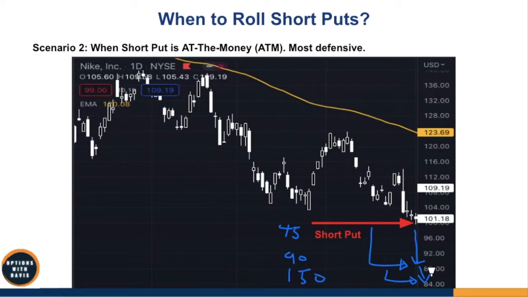So what happens is that if the market does go up, you can't exactly realize this profit immediately. You have to wait until the 150 days have passed before you can realize the full profit, the credit that you receive on the short put and the subsequent roll. So while it is the put rolling option where you get the least chance of getting assigned, it's also the one where it takes the longest for you to fully realize your profit.